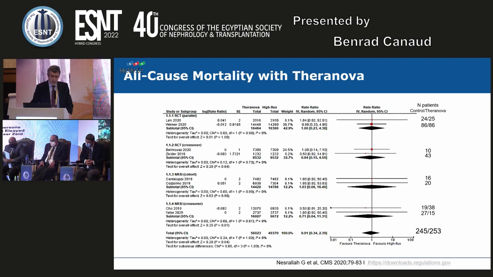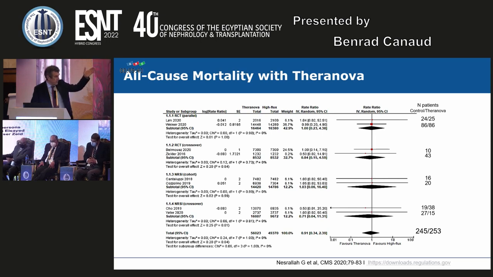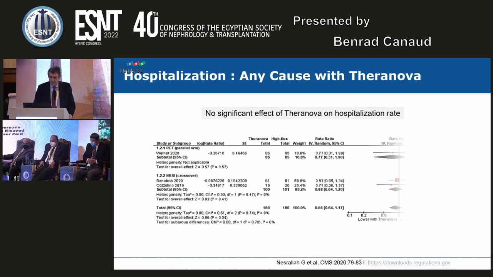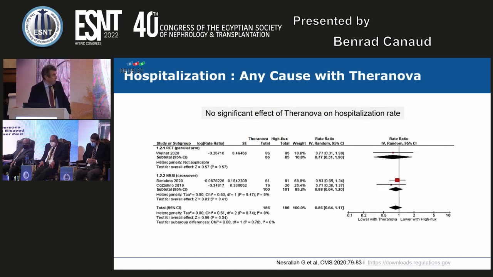And now, if we look at all-cause mortality with Terra Nova, again, from this systematic analysis, no significant benefit. If you look at the different studies, it's almost on the line of 1, so there is no clinical evidence to show that Terra Nova does better for all-cause mortality. And the same story for all-cause hospitalization.